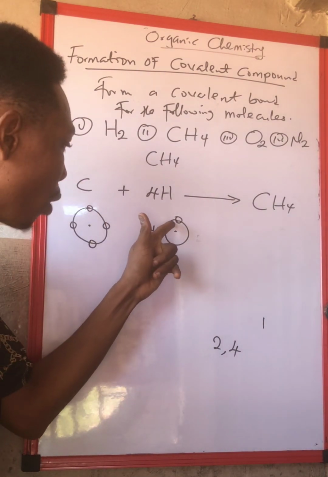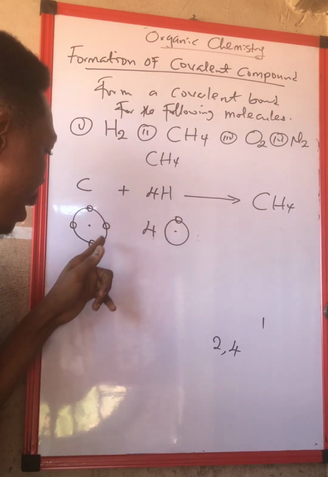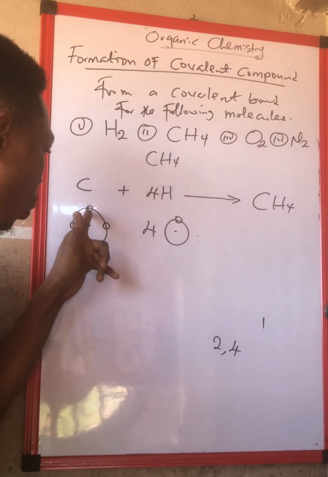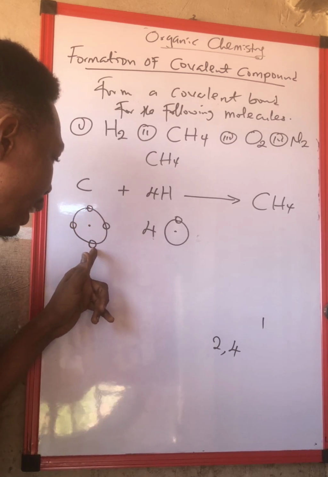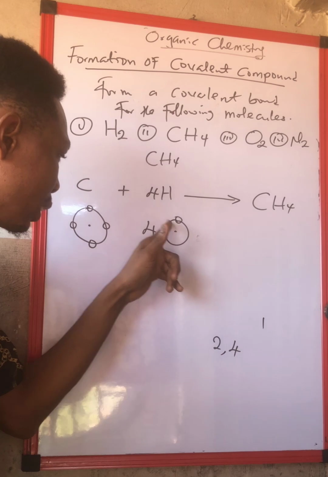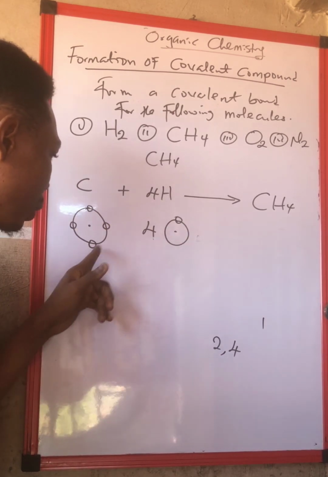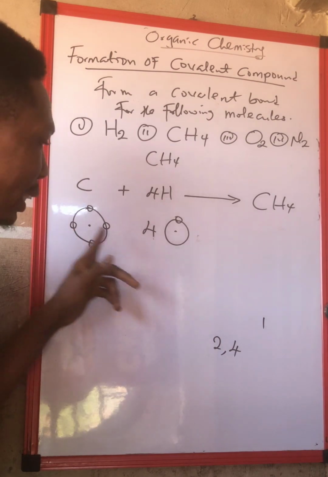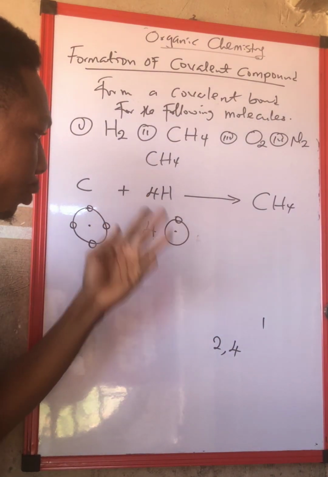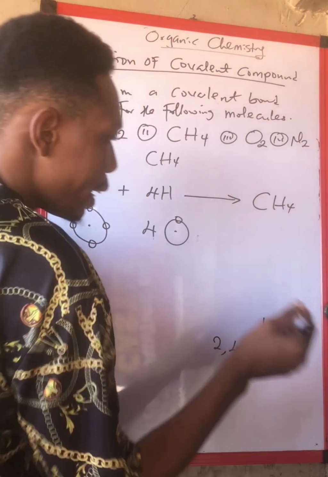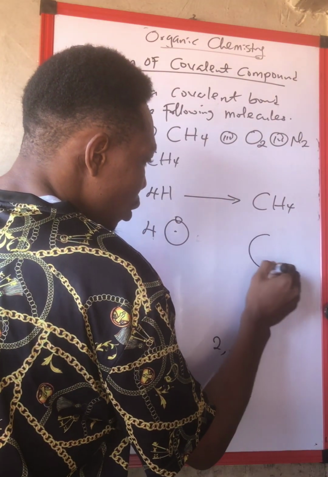Hydrogen. Each of these hydrogens will be forming a pair with this electron. Each of these will come and bond. This one will come and bond, this one will come and bond, and this one will come and bond. That's why we are having 4 atoms of it. So at the end of the day, we are going to have something of this nature.